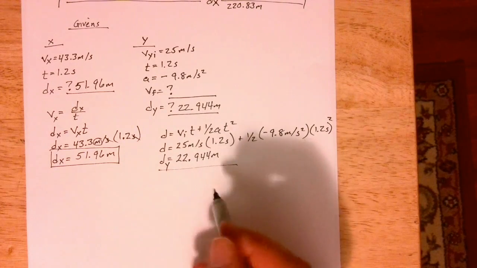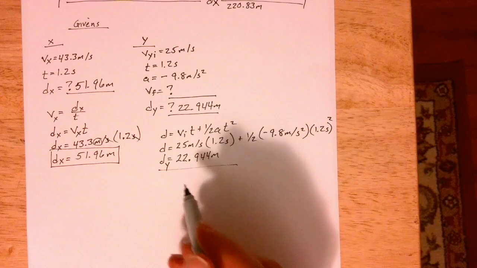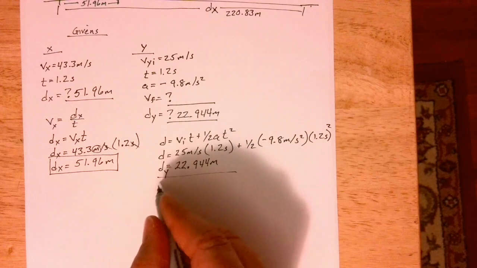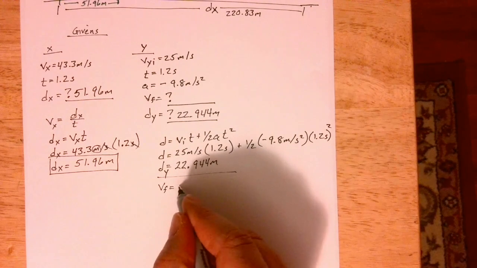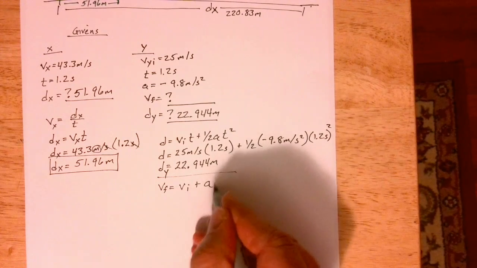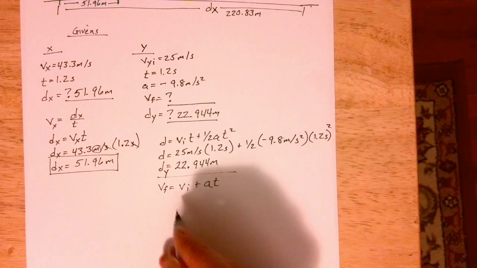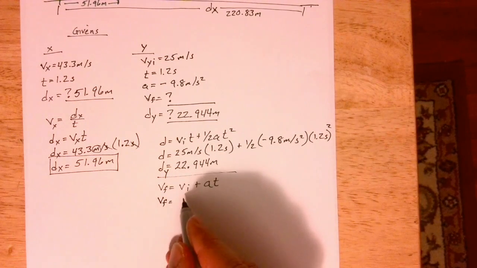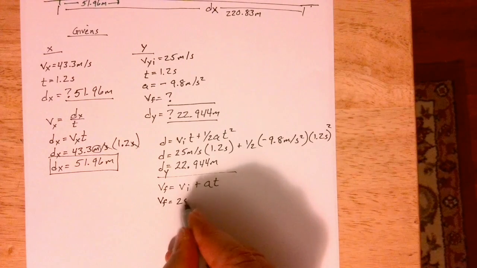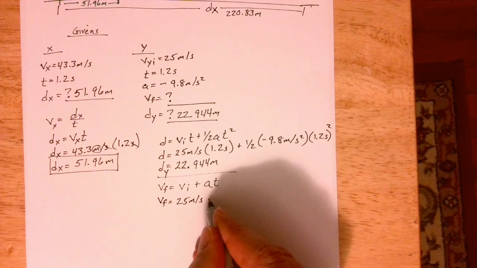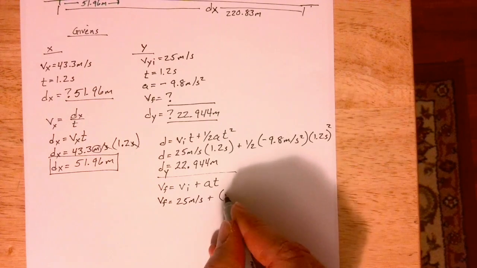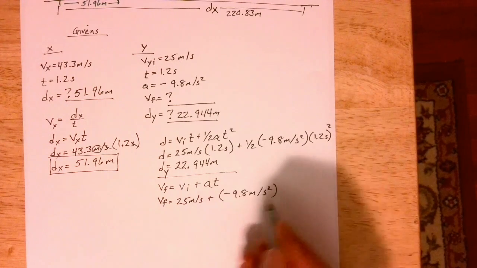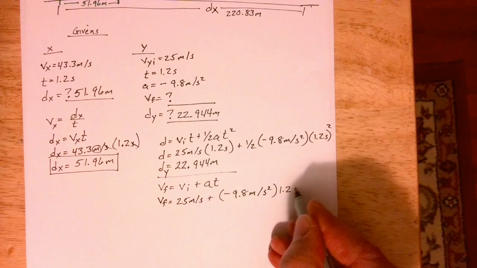For the velocity, again, there's more than one way. You could possibly use two different formulas here, but using the information that we already have with our givens, I'm going to use vf equals vi plus at. We're just solving for the final velocity. So the final velocity is equal to the initial velocity, which is 25 meters per second, plus the acceleration, negative 9.8 meters per second squared, times the time, 1.2 seconds.